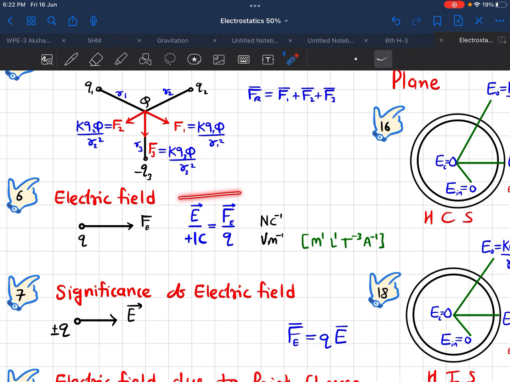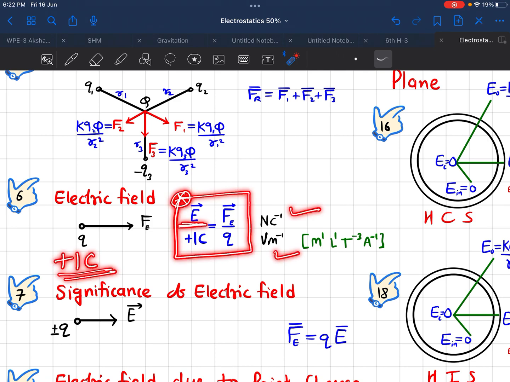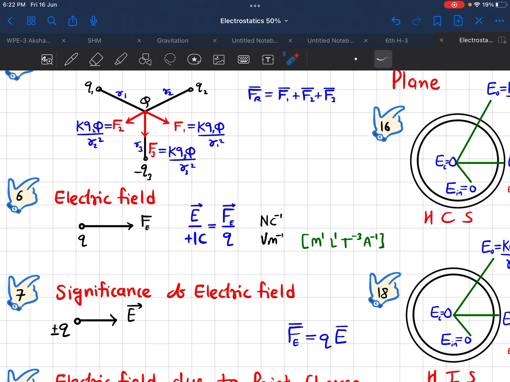That is nothing but electrostatic force per unit charge. Its unit is Newton per coulomb or volt per meter. Its dimensions are M1 L1 T minus 3 A minus 1.